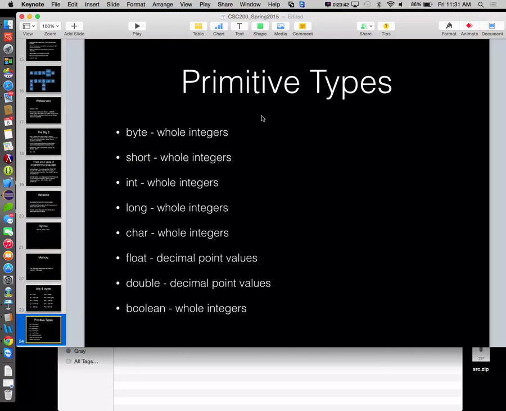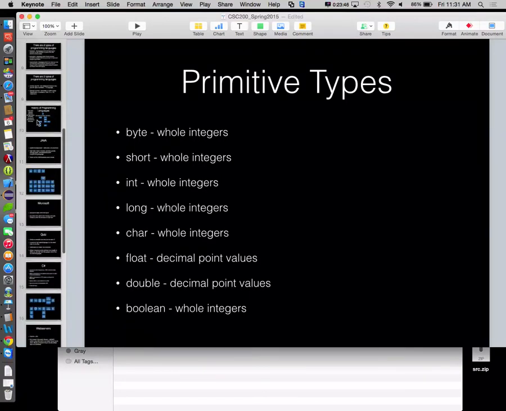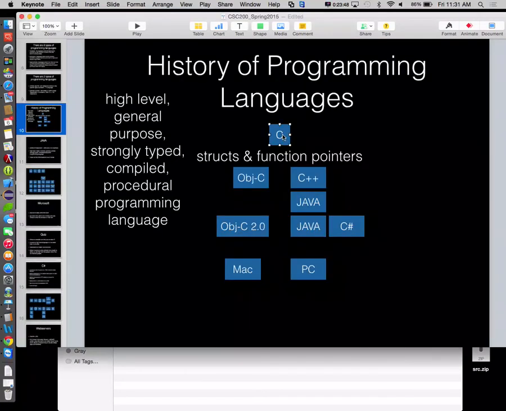Well, remember, these primitive types came from this language, which then was adopted by this language, which was then adopted by this language, then this language. So these primitive types are still around today because our languages were built in terms of the language before us. Why take the primitive types out?